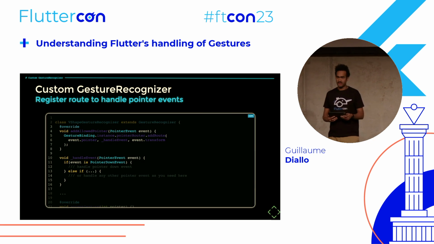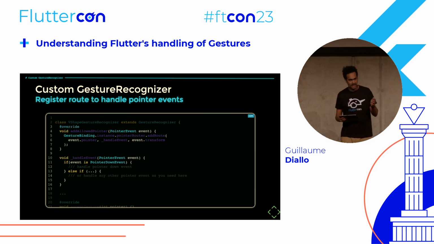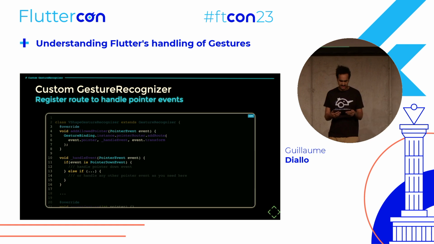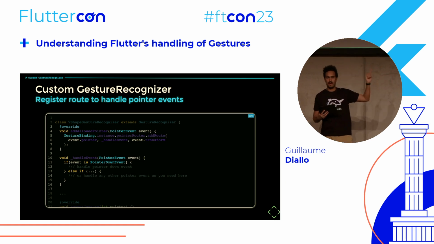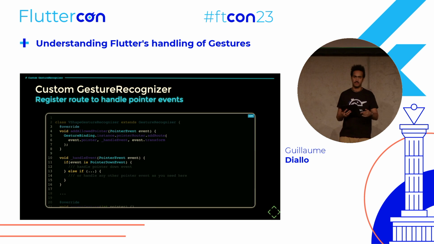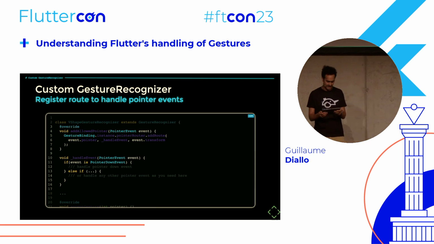And then we dive into the core part of our gesture recognizer, and we add the add allowed pointer method. And what it does is exactly what I've shown you on the other slide: it registers to the pointer router the handle event method, saying, okay, if anything happens to that pointer, I want to know about it. Please call that handle event method callback.